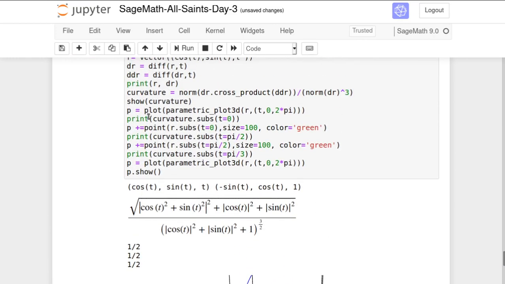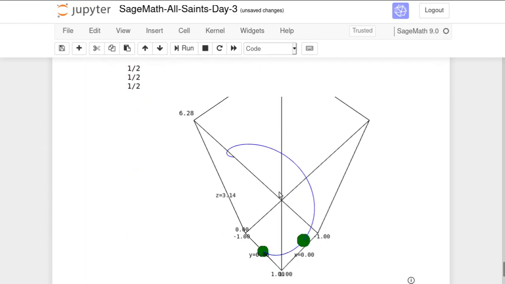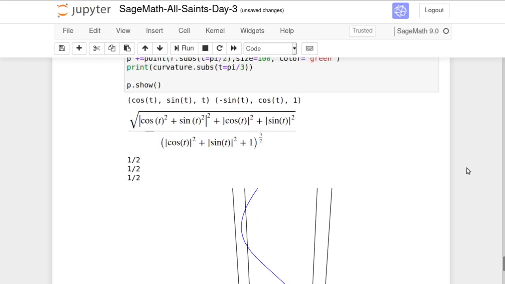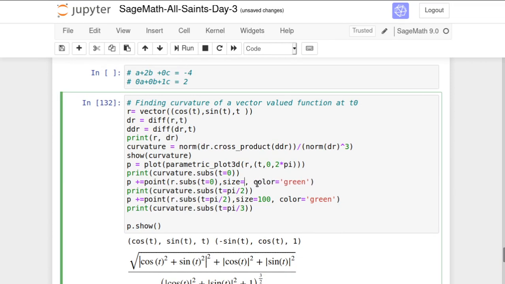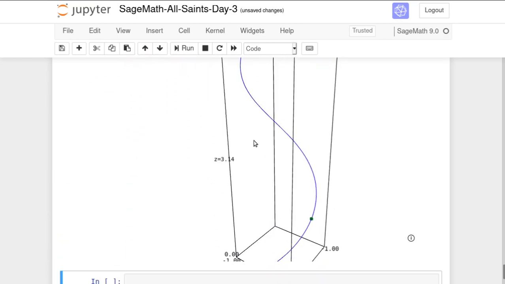P plus equal to plot this, print curvature. Oh, but finally we are again plotting this. This is wrong. So only this plot is appearing. Okay. Okay, now it's appearing. So these are the 3 points actually. We have found not 20, some smaller value. So 20, 20, and the output is here.